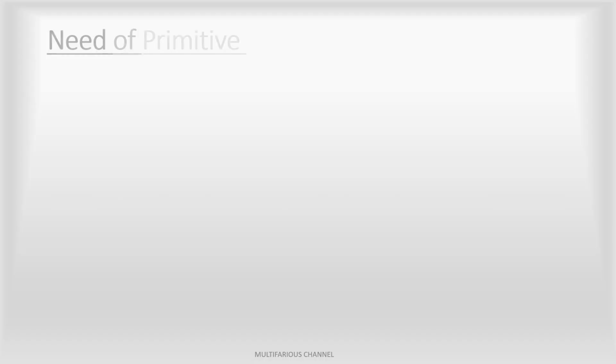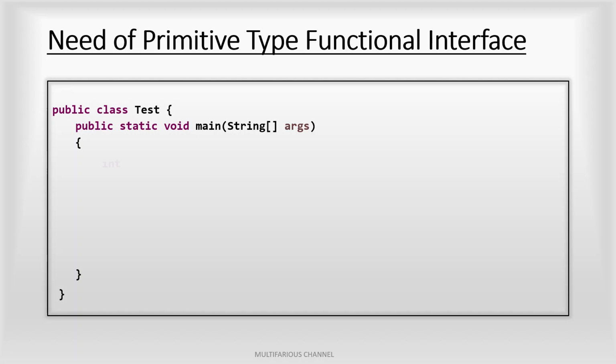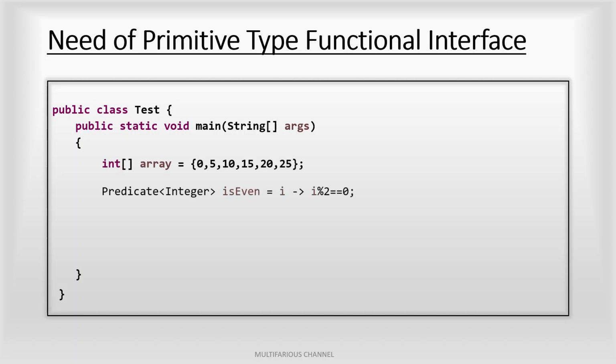So let's consider an example where we have created a predicate that will check if the number is even or not. So we'll iterate over the int array to see whether the numbers present in that array are even or not. In this example, 6 times autoboxing and auto-unboxing is happening, which can impact the performance of the program.